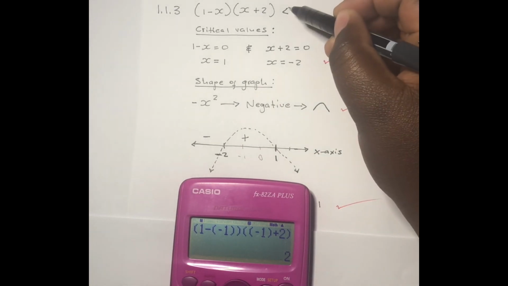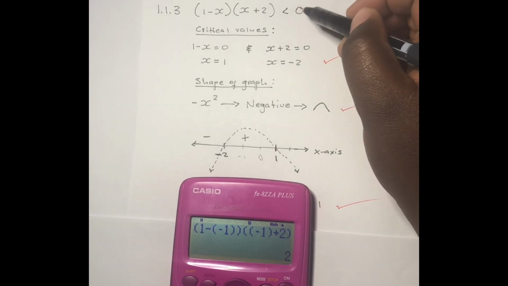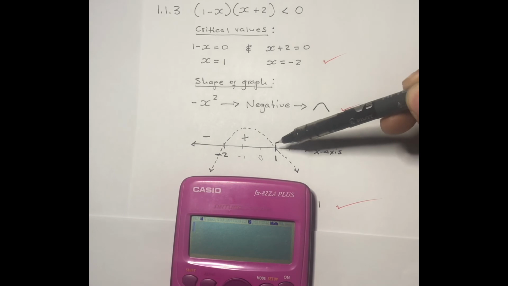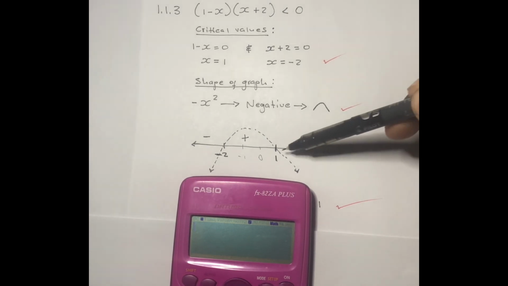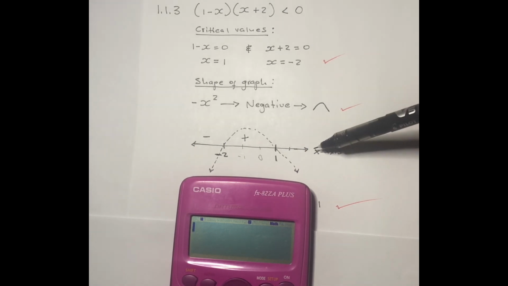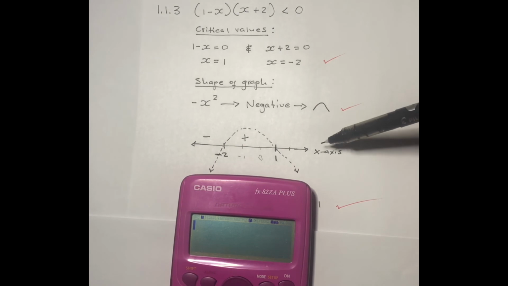And +2, it's greater than 0. And lastly, let's try a number which is greater than 1. Any number which is a positive number and it's greater than 1. So it could be 5, it could be whatever number, as long as it's greater than 1.